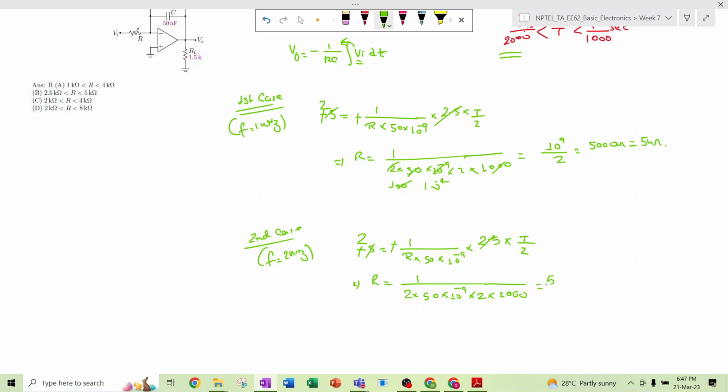Earlier it was 5000 ohm, now it is divided by 2, so it is 2500 ohm, that is 2.5 kilo ohm.